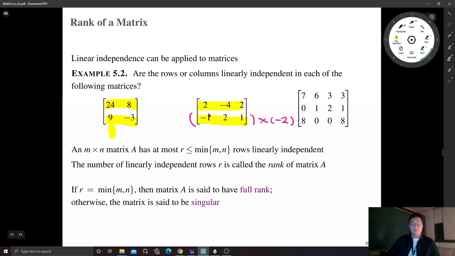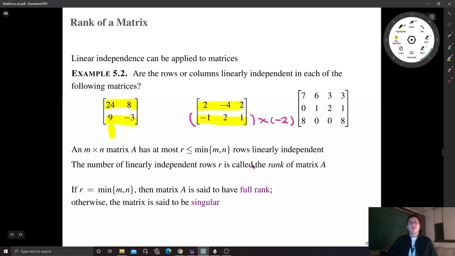Then the first component becomes 2, and the second component becomes -4, but unfortunately the third component becomes -2, right? So they are different, meaning that the first row vector is not a scalar multiple of the second row vector, and vice versa. So we have two linearly independent rows in the second. Okay, let me leave the final matrix for exercise.